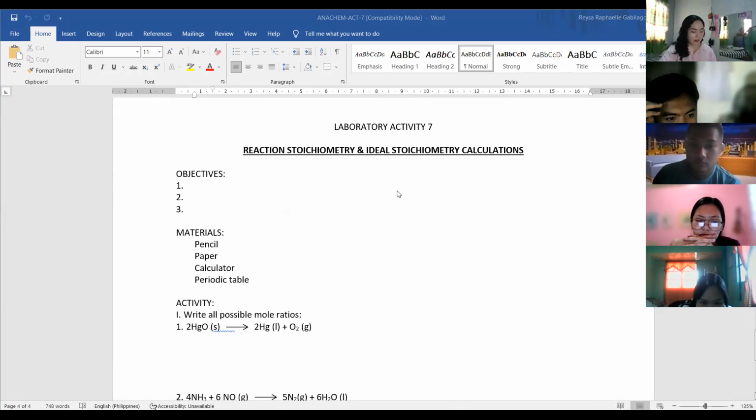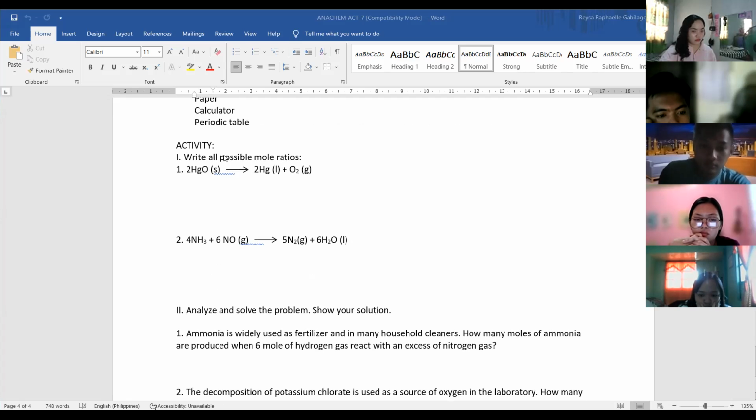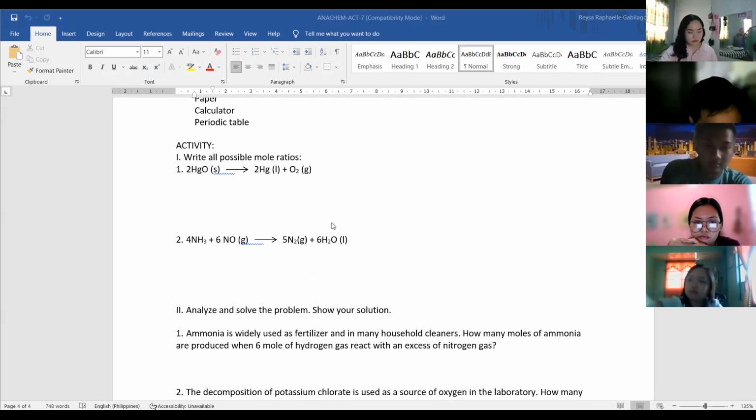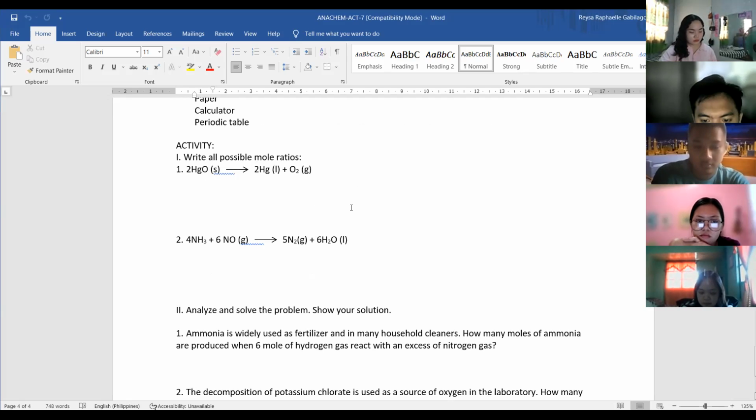So laboratory activity 7, reaction stoichiometry and ideal stoichiometry reactions. So sa first activity, you have to make sure first that the given equations here are already balanced, and you have to write all the possible mole ratios.